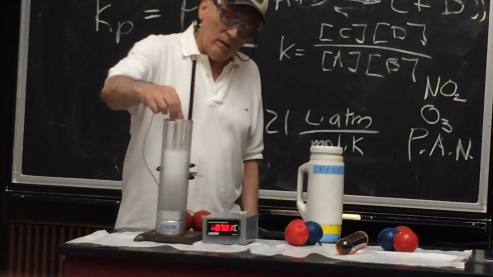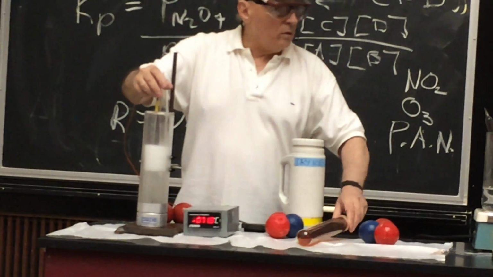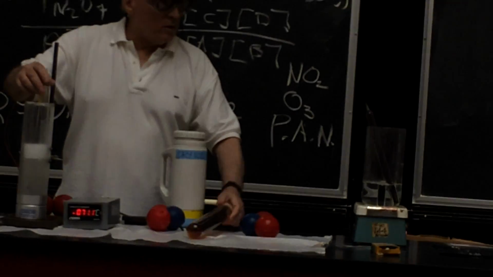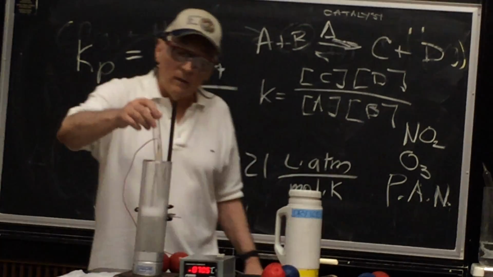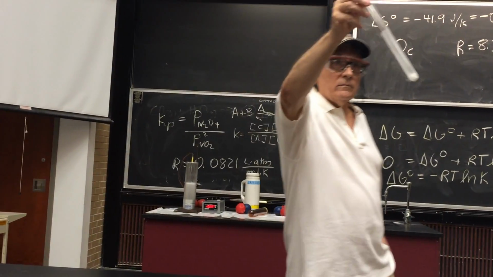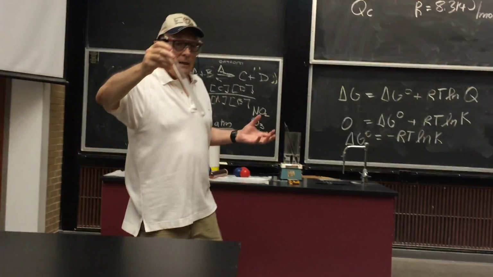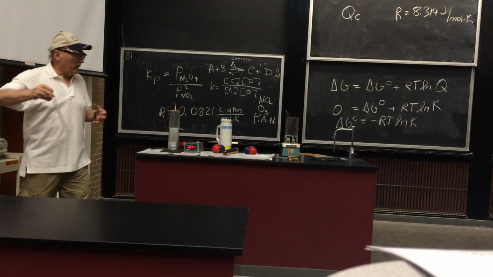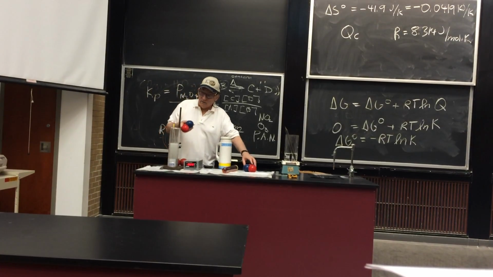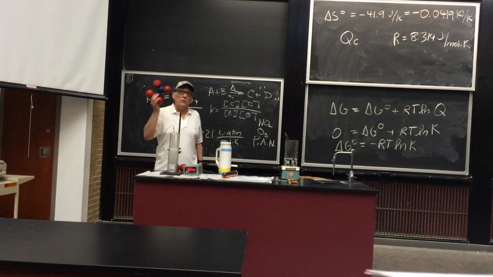You notice as soon as I put this NO2 tube in, we no longer see this nice brown NO2 color, and we certainly don't see this dark brown black, which suggests that more NO2 is being concentrated in that tube. Instead, we see a blue-white color, all the color is gone. And in this case, instead of heating up atoms or molecules to make them collide and react, we take away energy, in which case, in a confined container like this, they bump into each other and they form the dimer, N2O4.